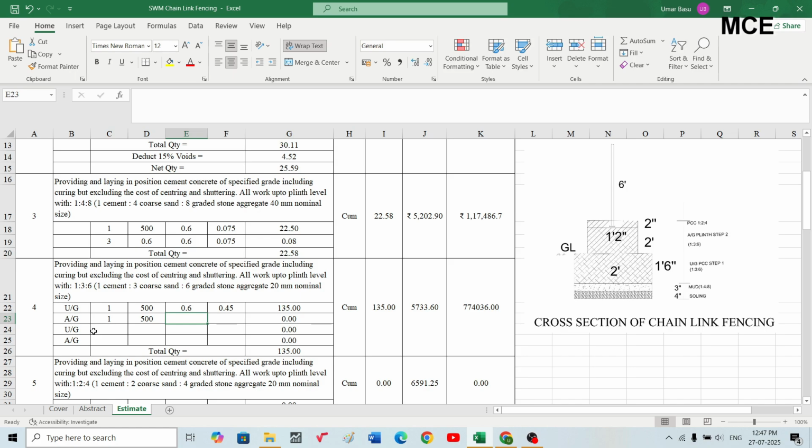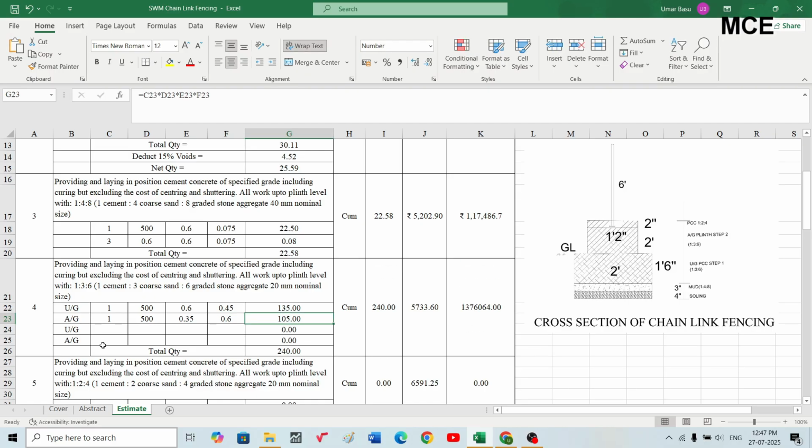Okay, this is the width of this concrete, so it will be equal to 0.35. Okay, and depth is 0.6 and the quantity is 105 cubic meters.